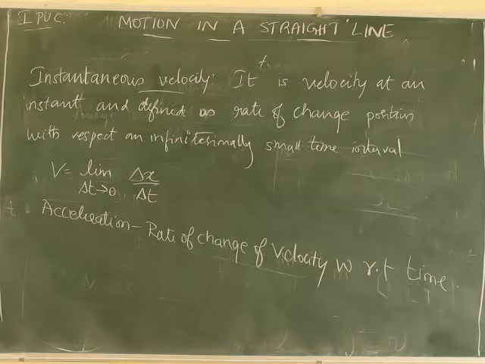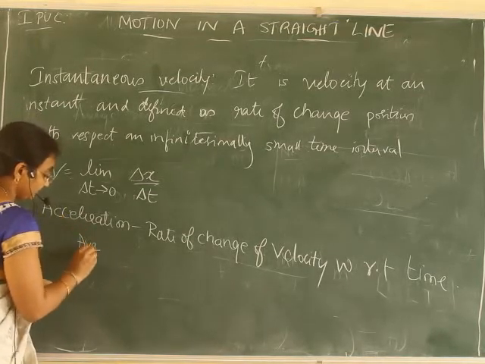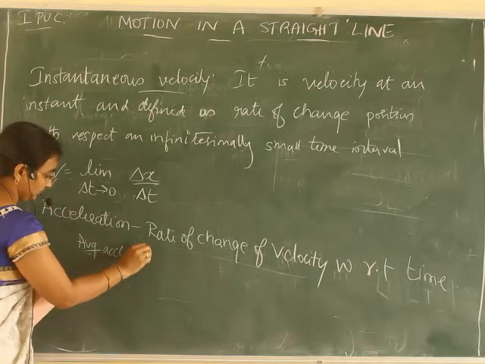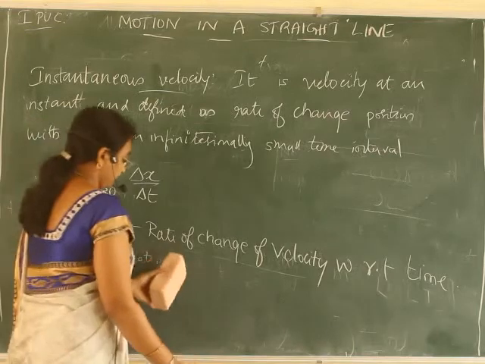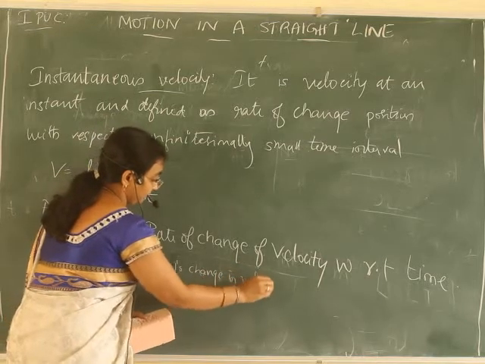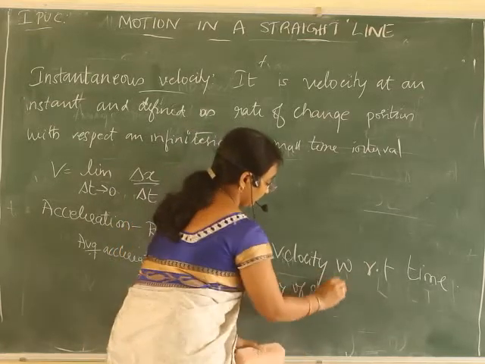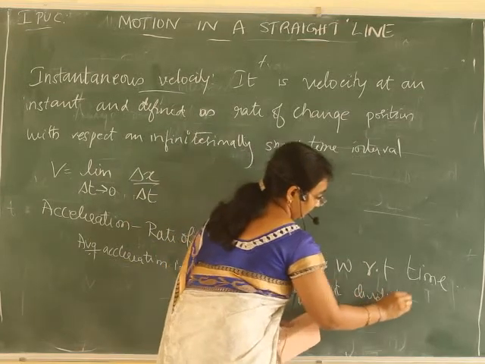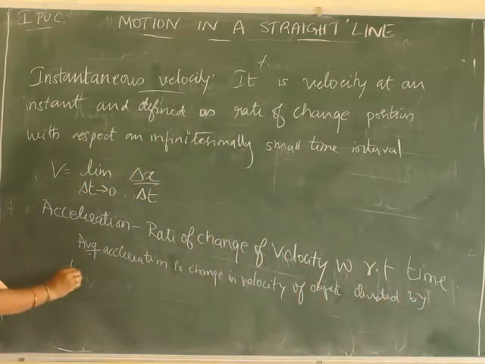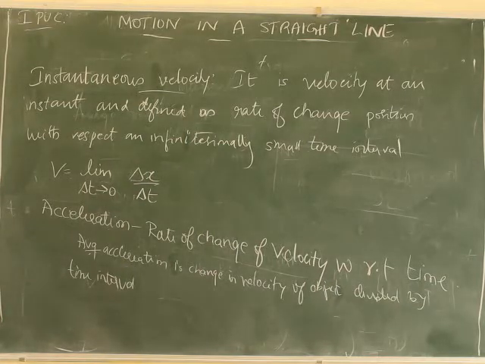So write down: average acceleration is the change in velocity of the object divided by the time interval in which the change takes place.